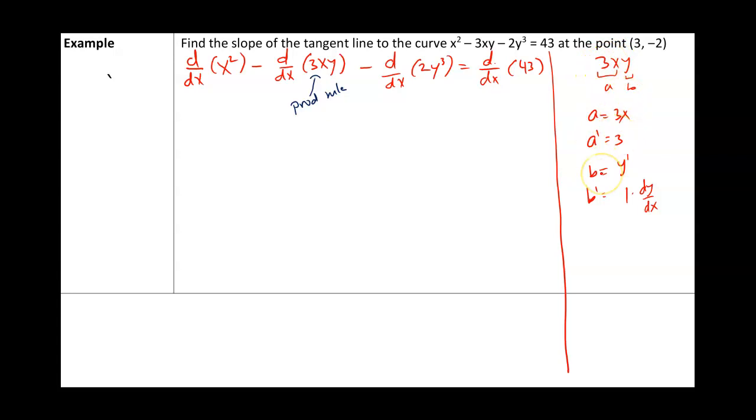Now, B is y. If I take B prime, I'm taking the derivative of y with respect to x. So this is like y to the first, so the 1 comes down, and then the y goes away.